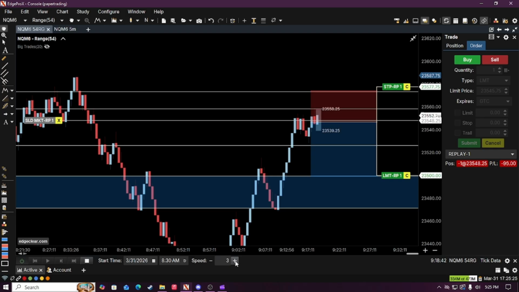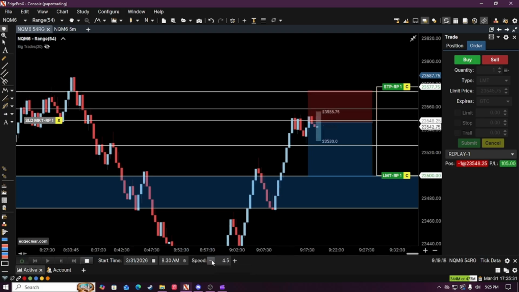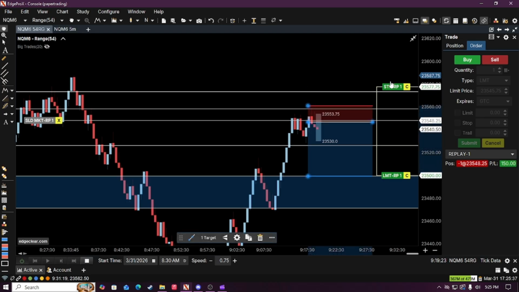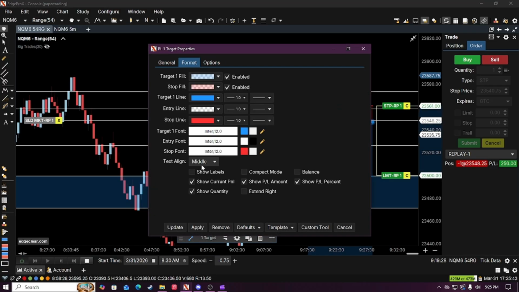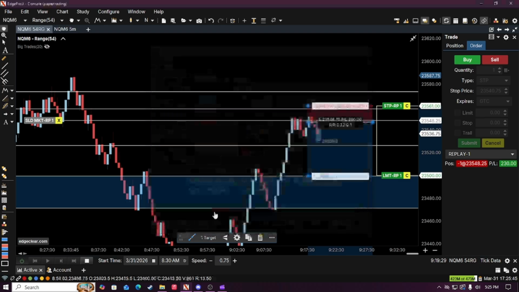So yeah, let's see this. And a little bit we have kind of drawdown here. If you want to be more aggressive with stop loss, you can literally do it above the point of control. Very aggressive stop loss, but also better risk to reward.